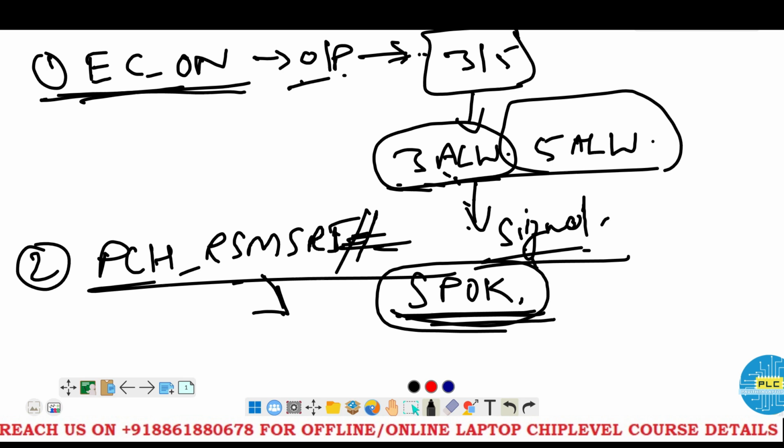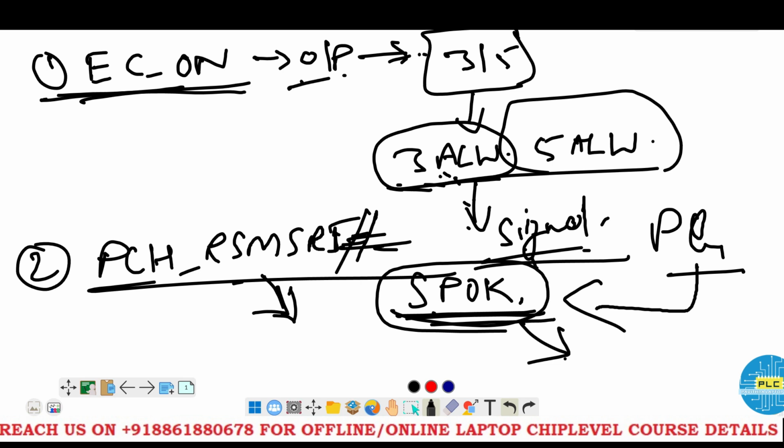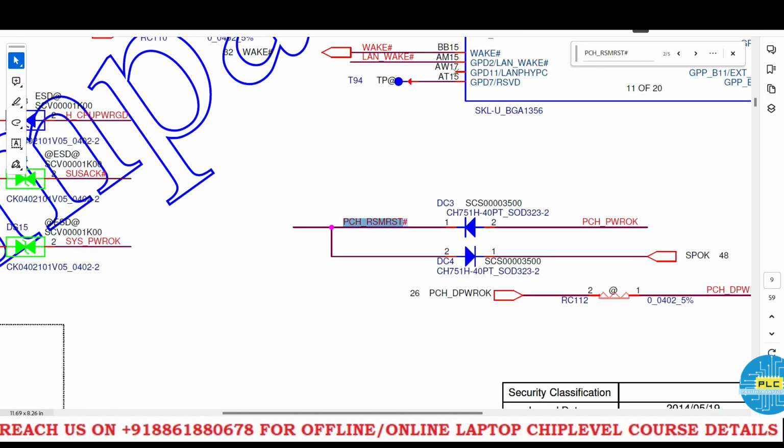Before that it won't generate, because this 5 volts and 3 volts always IC will generate the power good, PG. The power good is SPOK. This SPOK only goes to PCH_RSMRST#. Through this SPOK, the PCH_RSMRST# process will start.